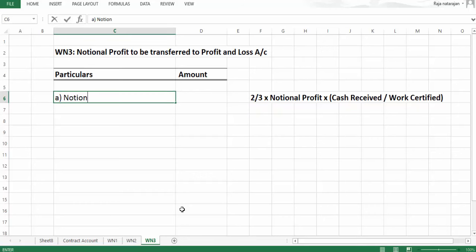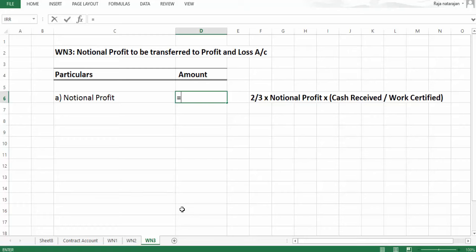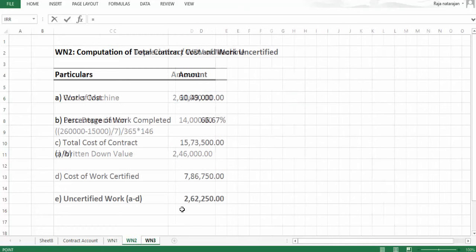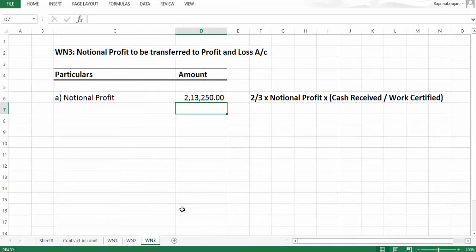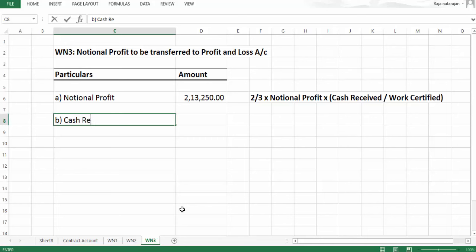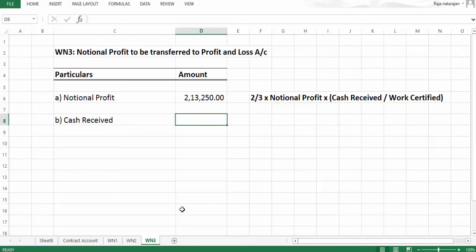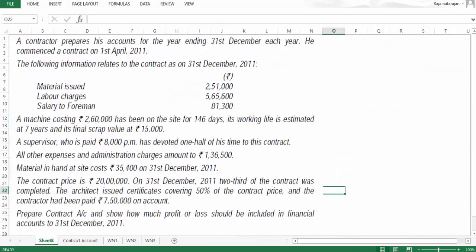Okay, so let's capture one by one. First is notional profit. We can pick up from here, which is 2,13,250. Then we need cash received information. So what is cash received? What information we have in the question? Question says contractor has been paid cash of 7,50,000.